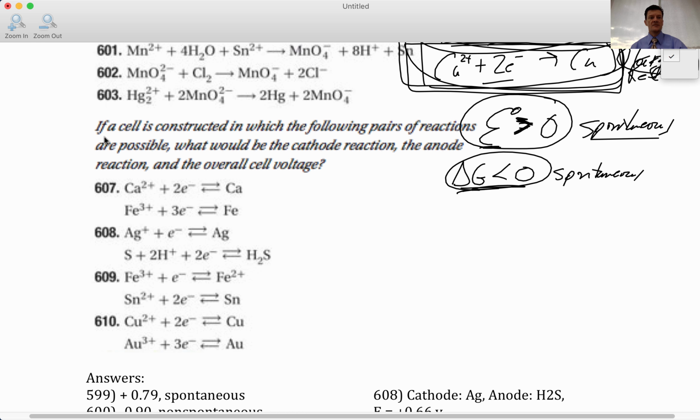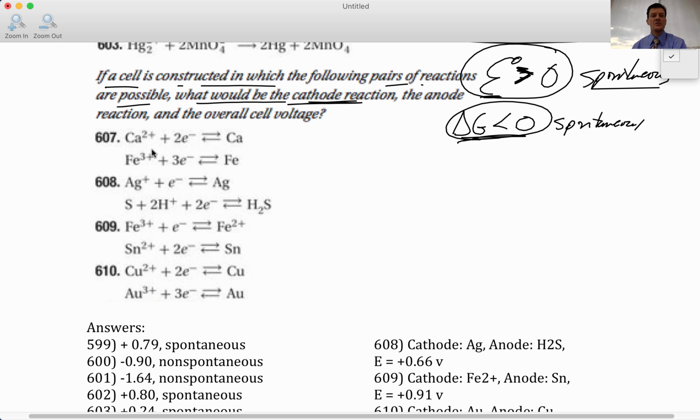And then here, if a cell is constructed in which the following pairs of reactions are possible, what would be the cathode reaction, the anode, and the overall cell voltage? So here, you're going to just compare these two. You're going to find these two reactions on your standard reduction potential table. Look it up on the internet if you need to, or look back in your formula sheet, and you're going to compare these two values.